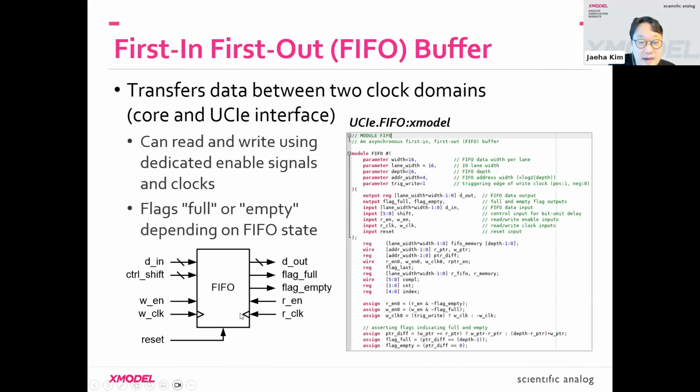On the right-hand side, you have a set of signals for reading the data out of that FIFO. For example, at the rising edge of the reader clock, if the enable is high, then the FIFO will read the data and drive its output. The timing for the left side and the right side are completely independent. This is what the FIFO does: it decouples the clock domains of both sides.